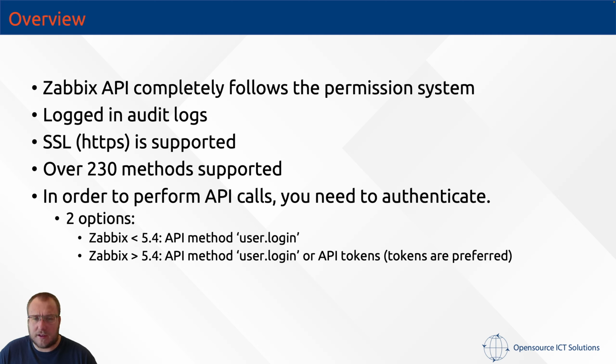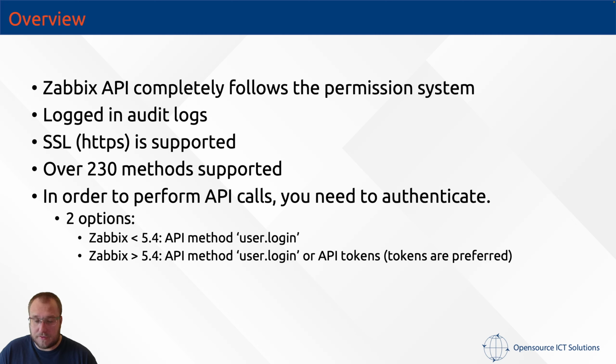Regarding the different methods, well over 230 right now. And that basically means that you can do everything that you can think of. So whatever you can do in the front end can be done via the API. But you need to authenticate first, of course. Now we've got two different options here.